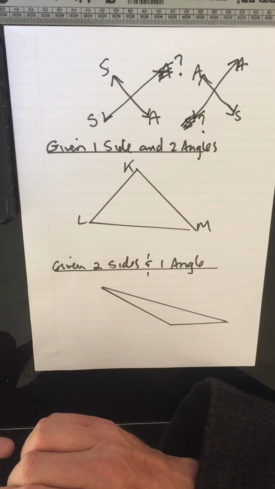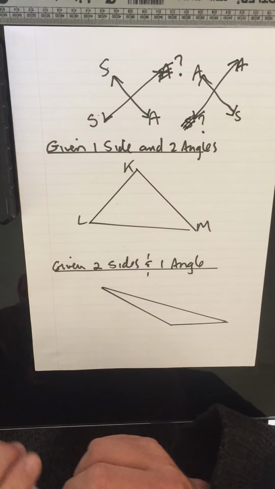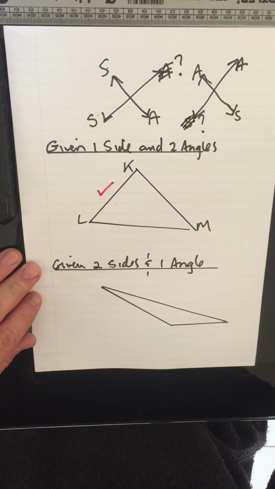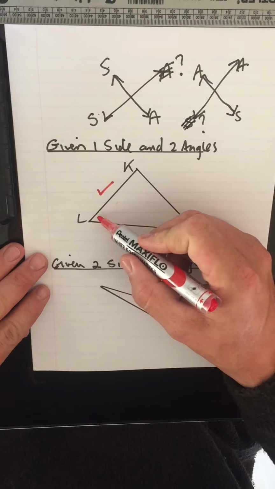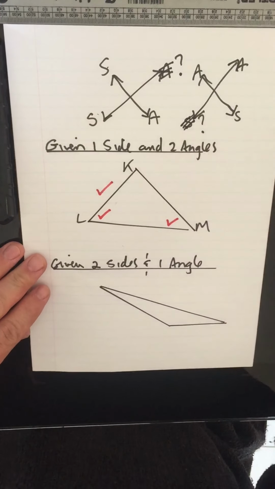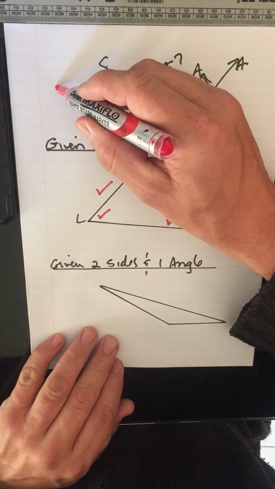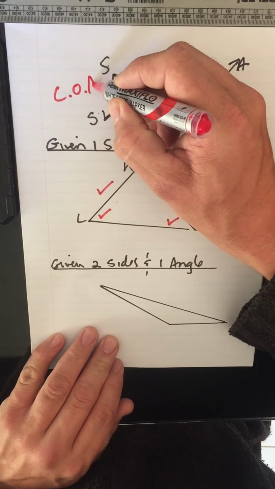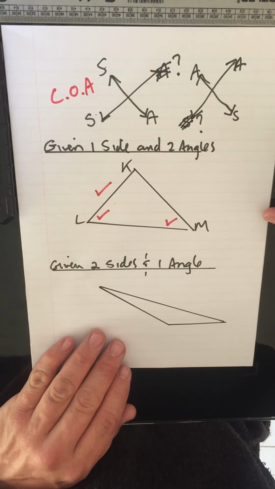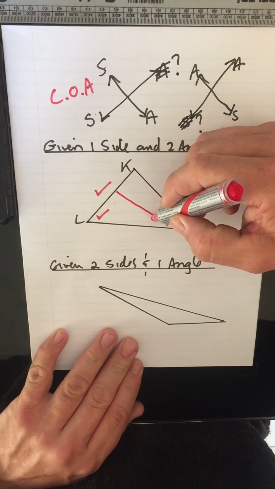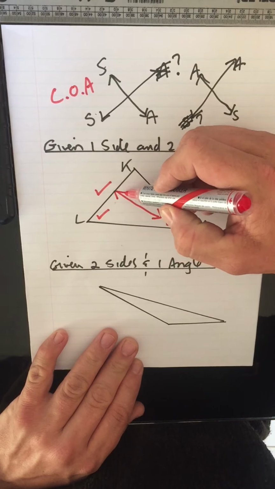So let's have a look at this illustrated example. Given one side, let's choose any side, it doesn't make any difference, and two angles. So let's see what we have. Notice here is something I call the coat of arms, and whenever we have a coat of arms, we do the sine rule. Whenever we have a tick, I put an arrowhead.